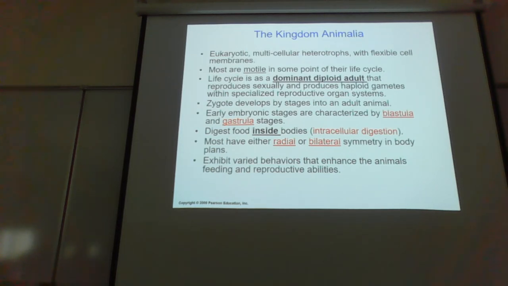The dominant portion of your body is diploid. That's true for all animals, and that is a result of the fact that all animals reproduce sexually, right? Because sexual reproduction implies production of gametes that fuse together and establish diploidy.